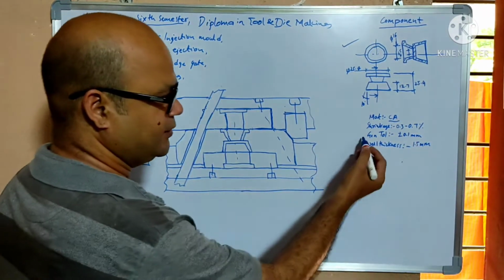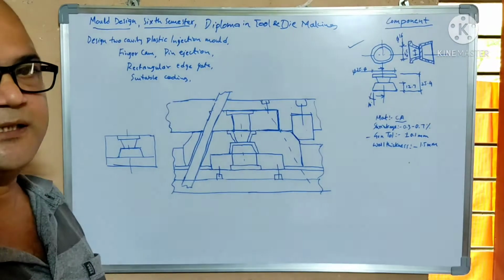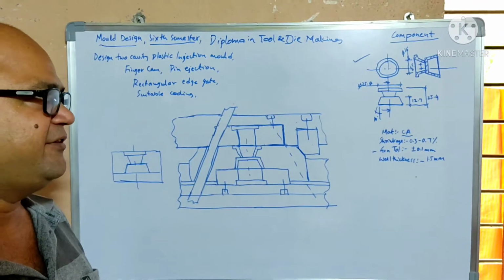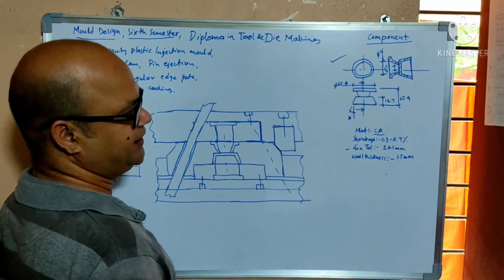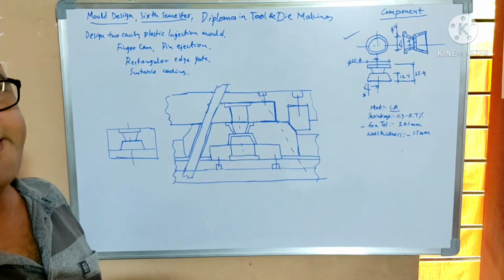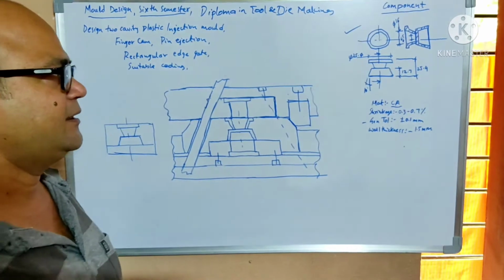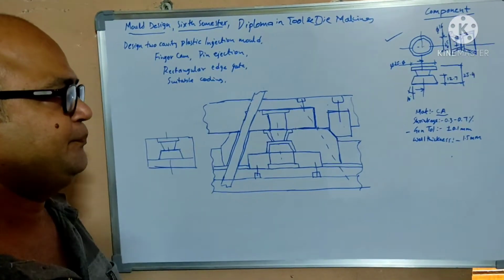General tolerance is 0.1 mm, and the wall thickness of the component is 1.5 mm. You are seeing the component here, shown in third angle projection: front view, top view and side view.